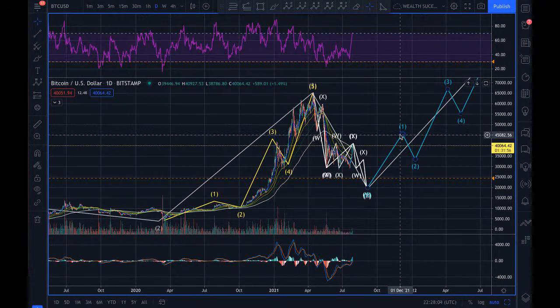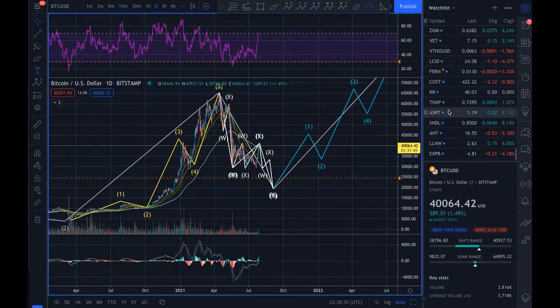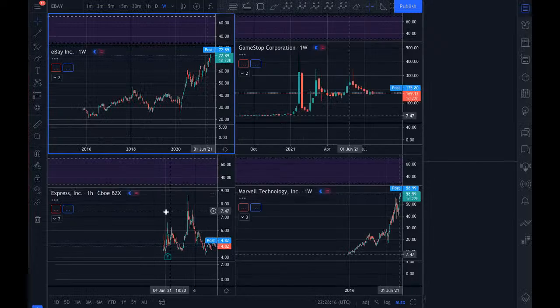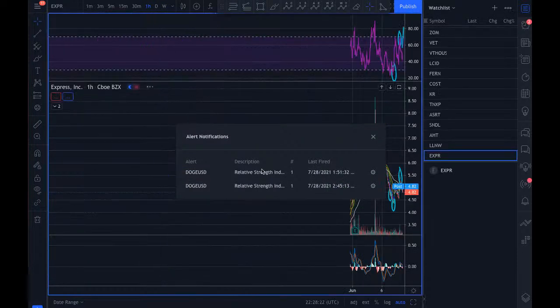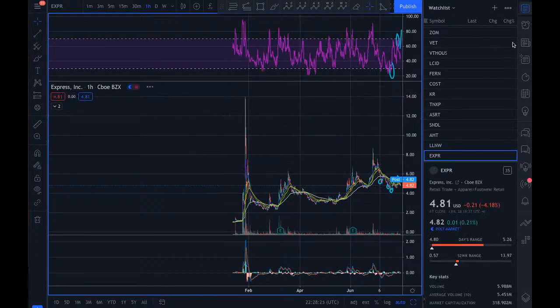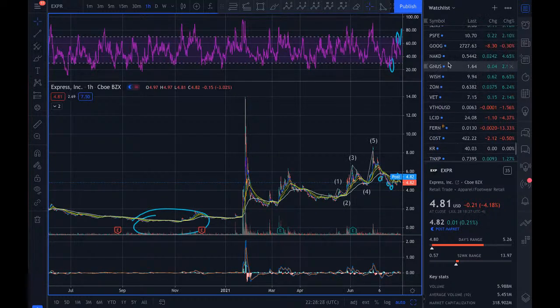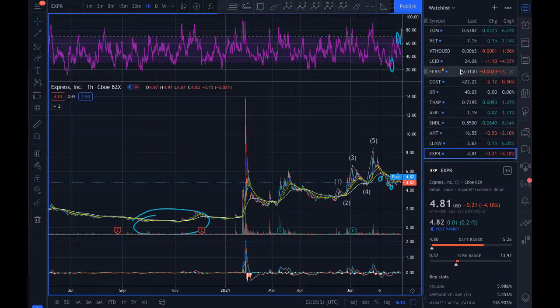All right, let's move on to the next one. SHIB. Let me go to a different page. SHIB is down here somewhere. I thought.